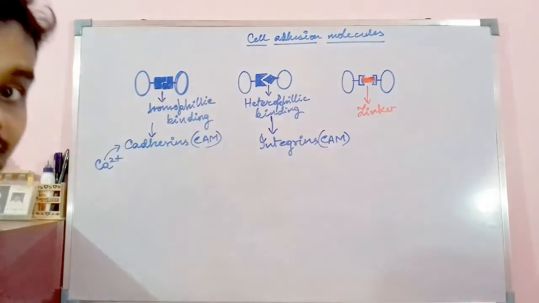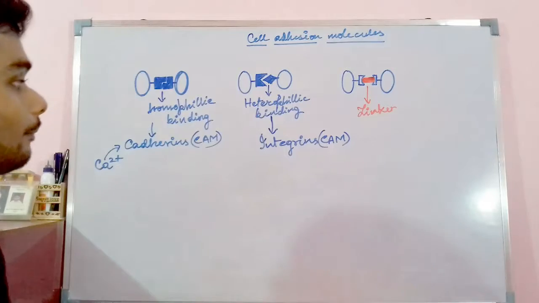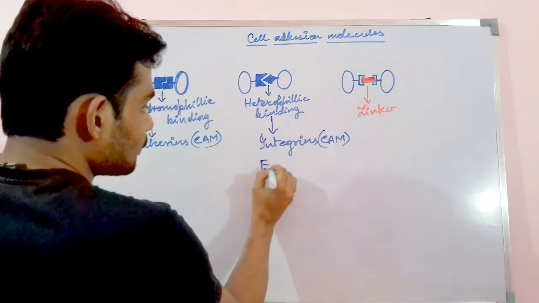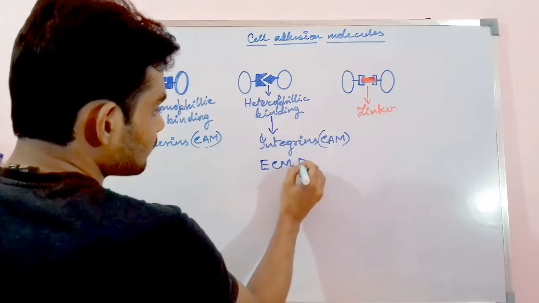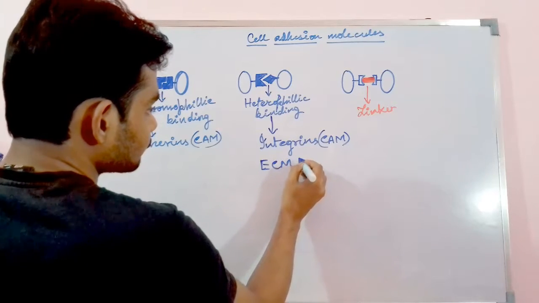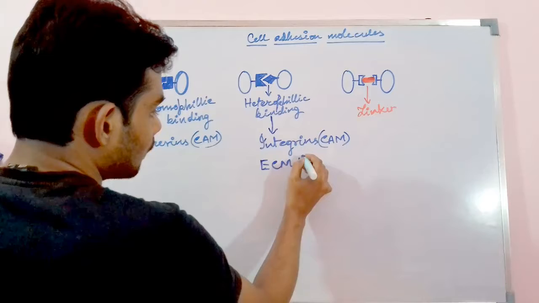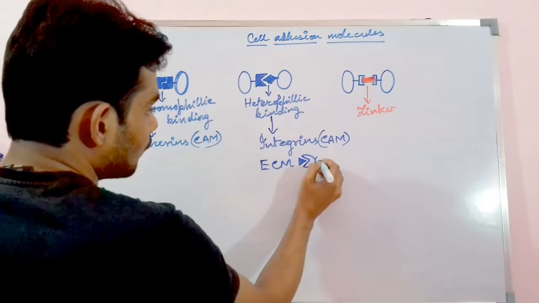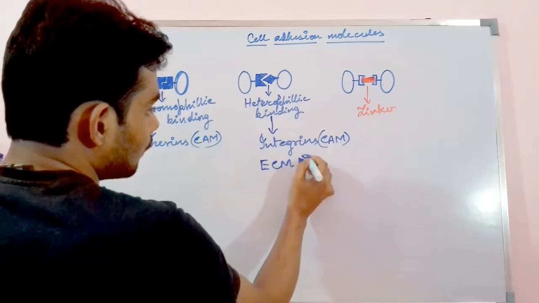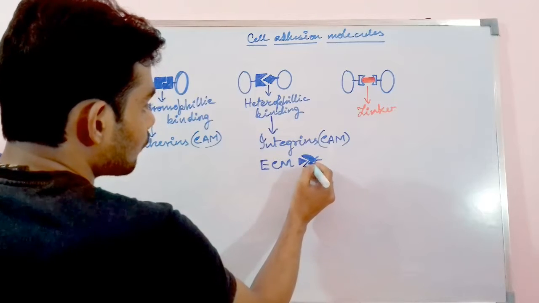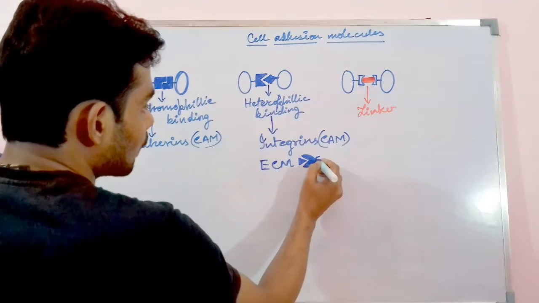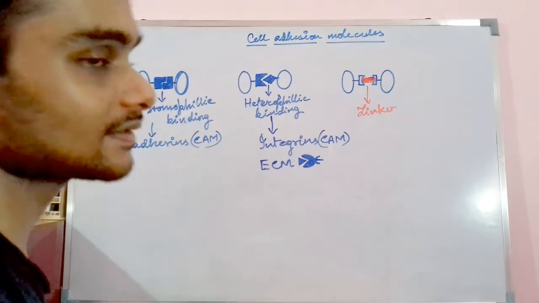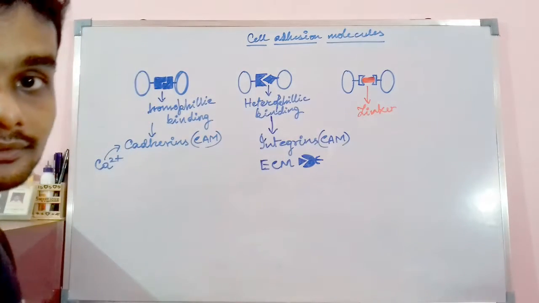But in this integrin case, what happens? The integrins help in binding the extracellular matrix, conveying the signal from the extracellular matrix to the particular cell.